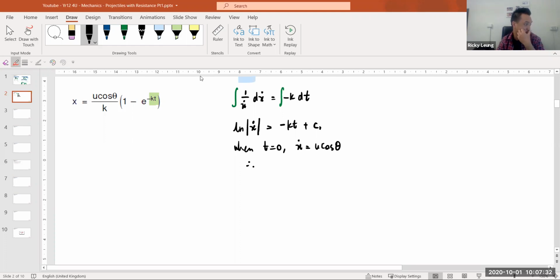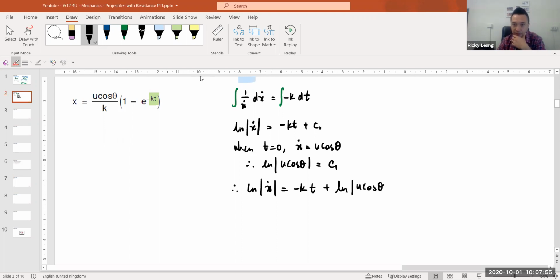That's absolutely fine. So then we get C1 = ln(u cos theta). Therefore, we have our velocity expression with the constant subbed in.